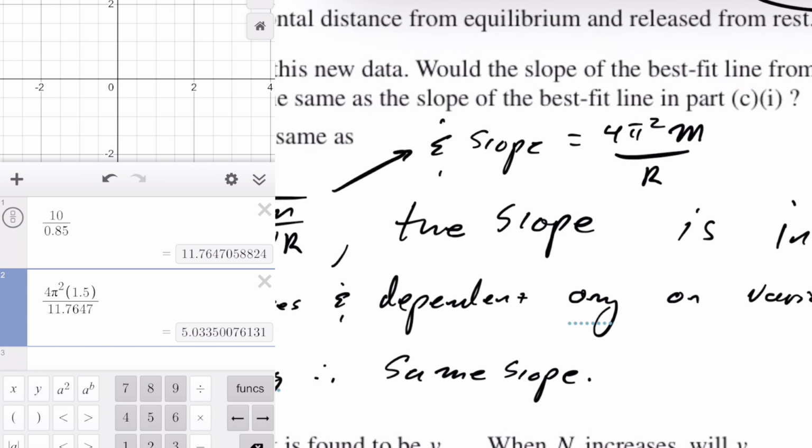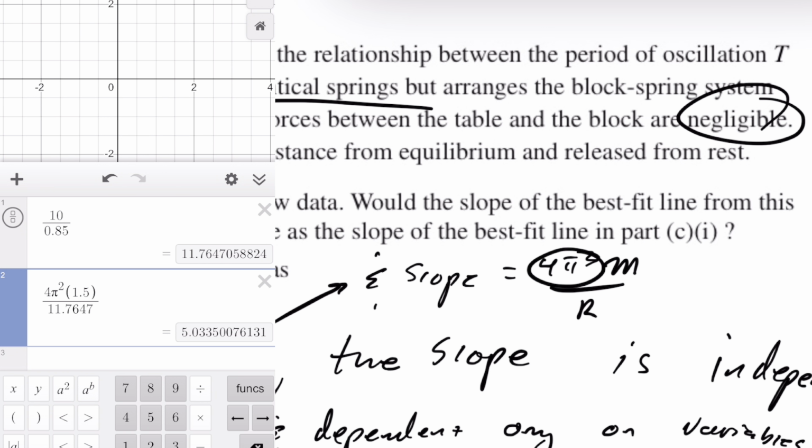So what I'm trying to say here is basically 4 pi squared is a constant, doesn't depend on gravity. The spring constant doesn't depend on gravity because it's a property of the spring. Mass is not dependent on gravity, so nothing really changes here.